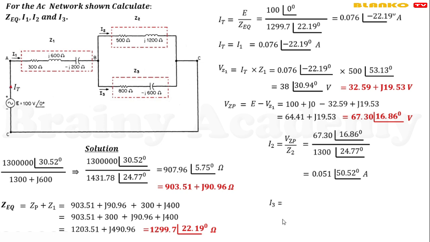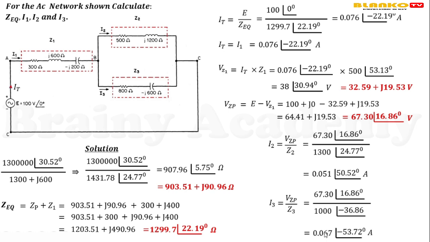I3 is equal to VZP over Z3, which is 67.30 angle 16.86 degrees over 1000 angle negative 36.86 degrees, and it's going to be 0.067 angle negative 53.72 degrees amps.